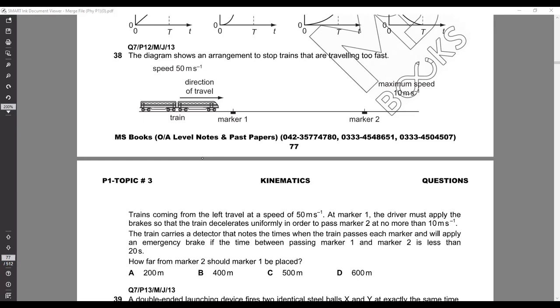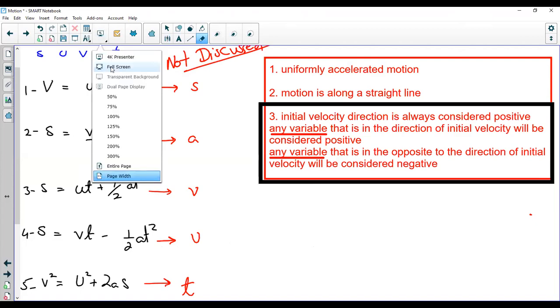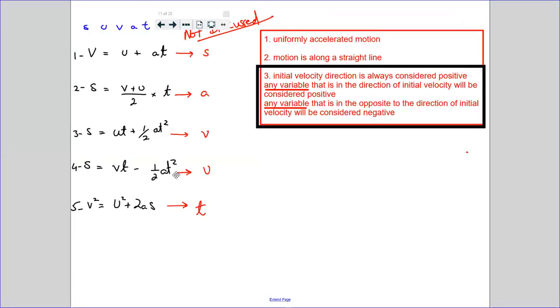So just wait a moment. So these are the equations. You can take a screenshot for that equation. Have you done it?